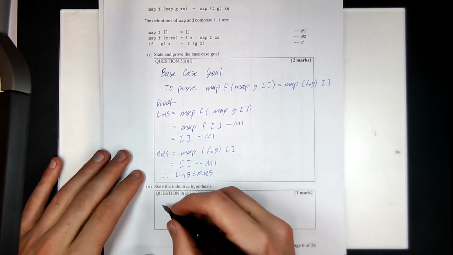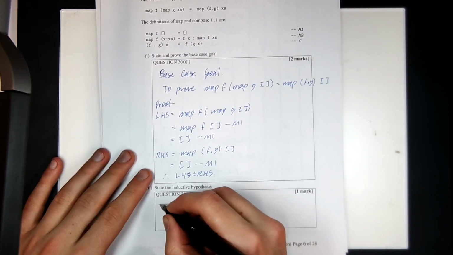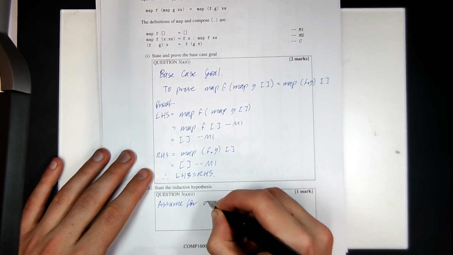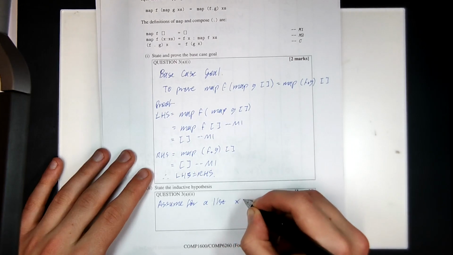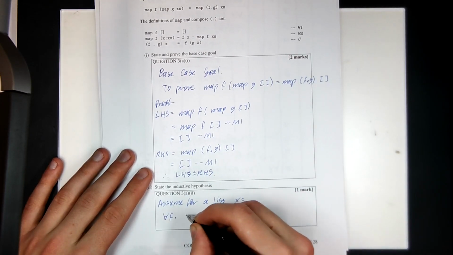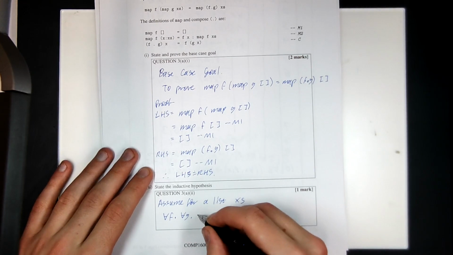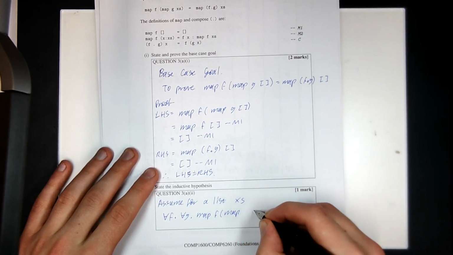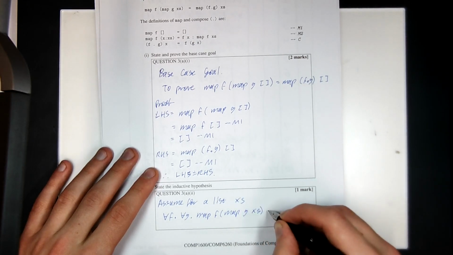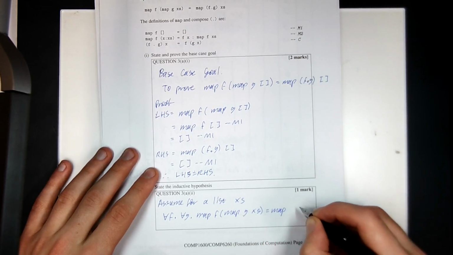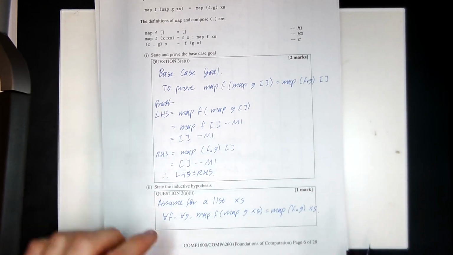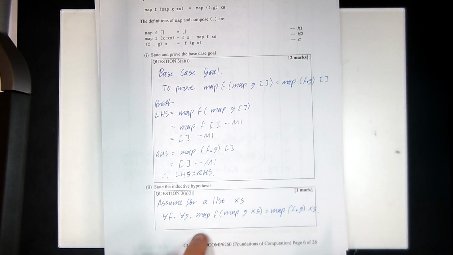So our inductive hypothesis is: assume for a list xs, for all f, for all g, map f (map g xs) equals map (f compose g) xs.